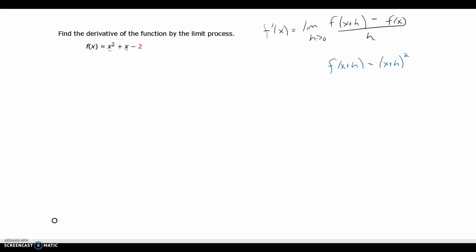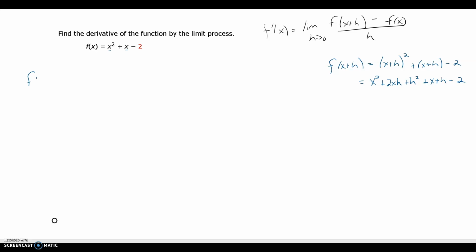So that means x plus h squared plus x plus h minus 2. You've probably squared this out a couple times. That's x plus h times x plus h, which means you FOIL. So you should get x squared plus 2xh plus h squared plus x plus h minus 2.